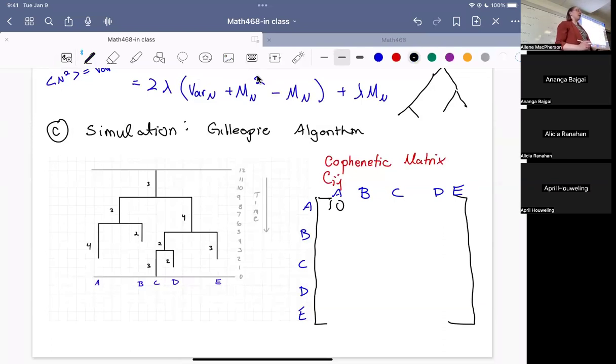Similarly, lineages A and B share this branch and this branch, so they share a total of 6 units of shared ancestry with each other. You only have to fill up the upper triangle of this matrix because the lower triangle is exactly the same. So I'm going to give you a little bit of time to try to fill in some of the entries of this matrix.